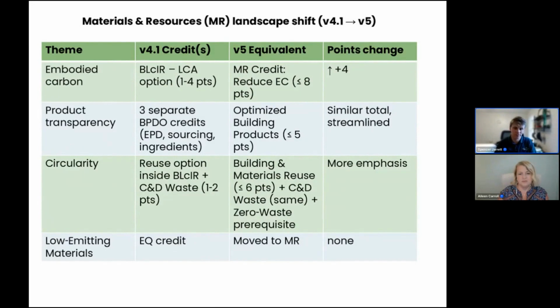So you can hypothetically get almost a fifth of your entire credit scorecard from the MR category. So there's a lot more opportunity to gain more points, and it's also a requirement to do embodied carbon assessments to even have the project LEED certified at all.